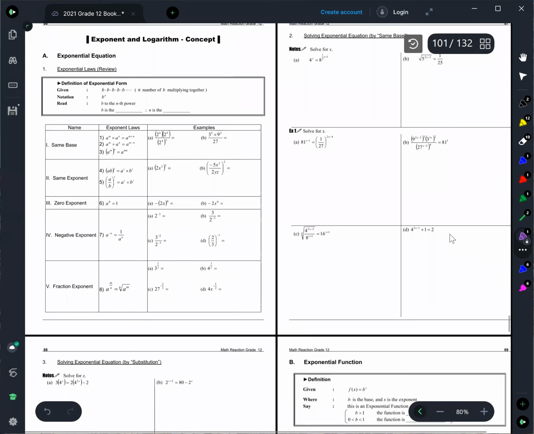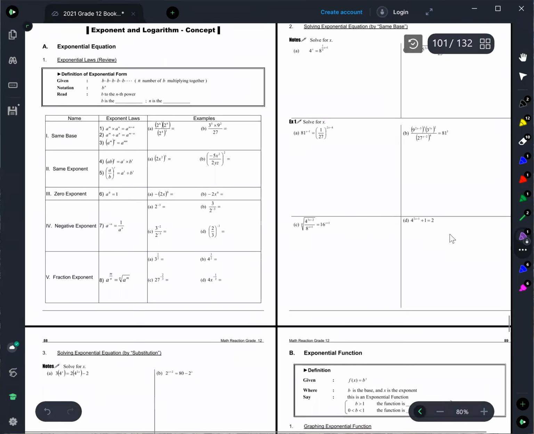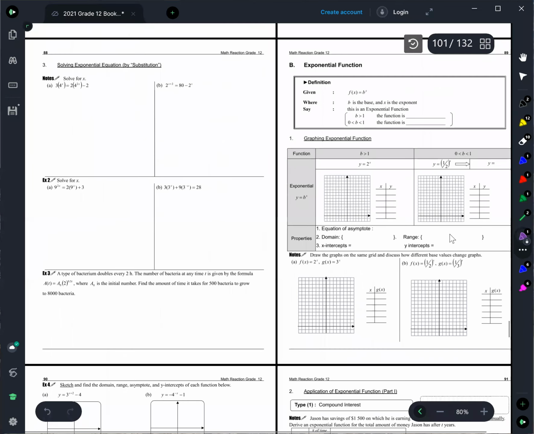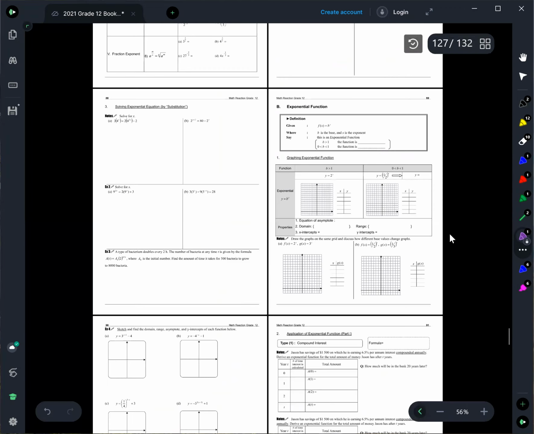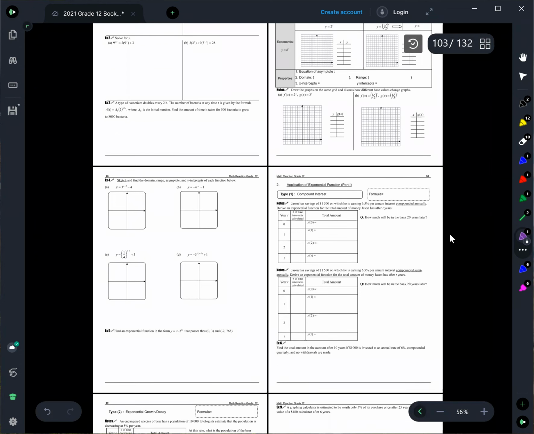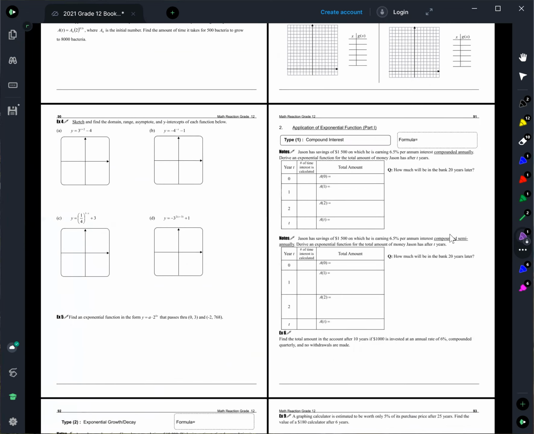Right, so we start with a review on the exponent laws and then how to solve an equation that has exponents. And then we'll be looking at an exponential function. So function means we can graph them. Okay, so you can see some grids, right? Table of values. And then applications, how exponent can be applied to represent growing of the money, right?